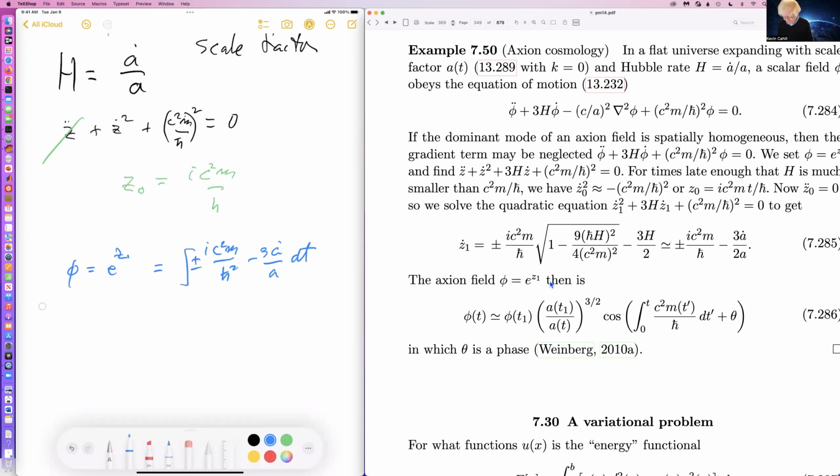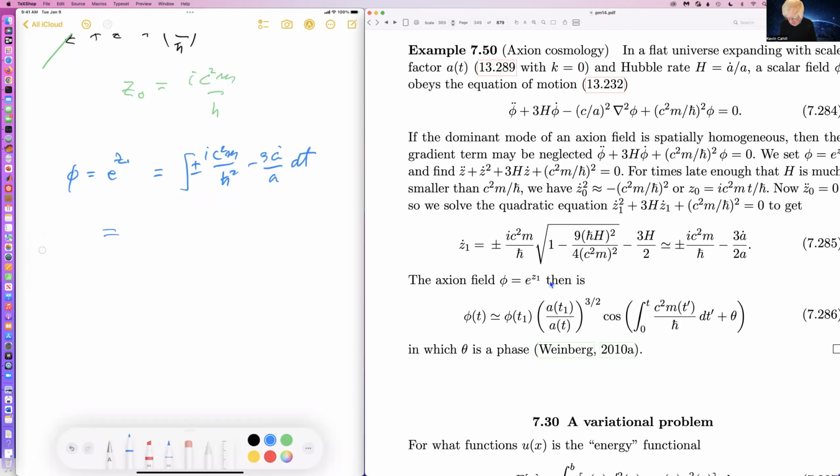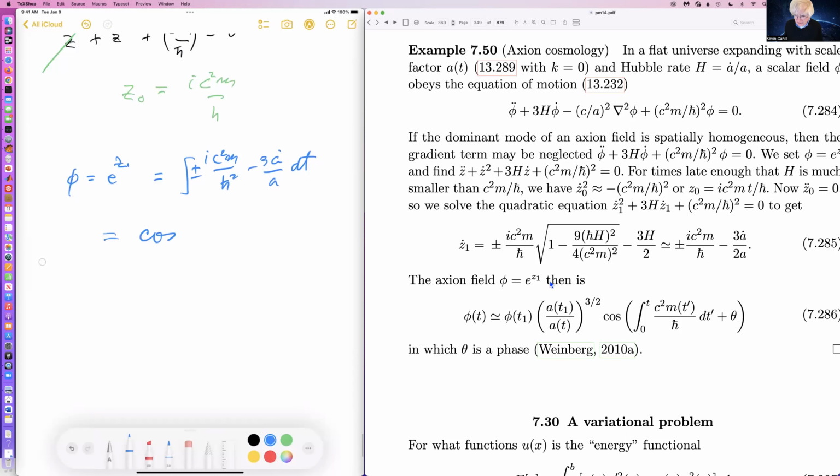And of course, what we have then is the first term just gives us, at least if we choose the plus sign and a minus sign and add them together and divide by 2, we then get a cosine of the integral of c squared m over h bar. I keep writing h bar squared.